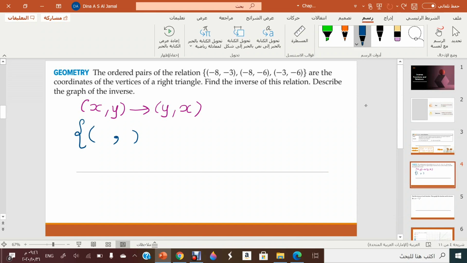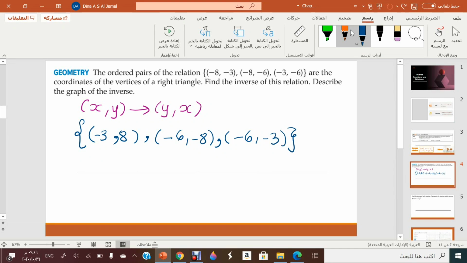Look at minus 8 and 3. It will be minus 3 and 8. Then the other one, minus 8 and minus 6. It will be minus 6 and minus 8. Then lastly, it will be minus 6 and minus 3.